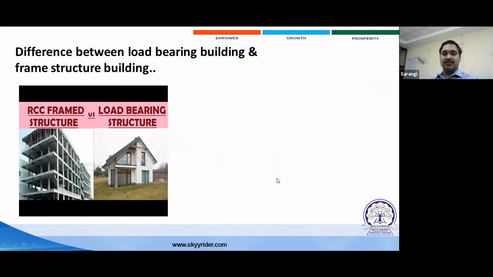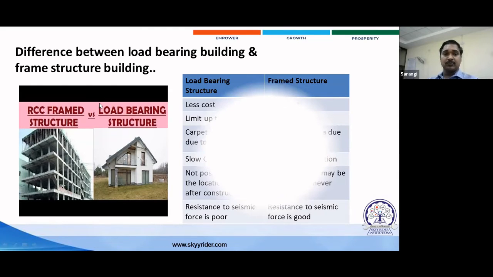Now, what is the difference between the load bearing building and the frame structure? Frame structures are multi-storied, whereas load bearing buildings are around 2 to 3 stories, where all the load of the house is transferred by the wall. Whereas in the RCC frame, all the loads go from the floor and roof to the beam, then from the beam to the column, and from the column to the foundations.